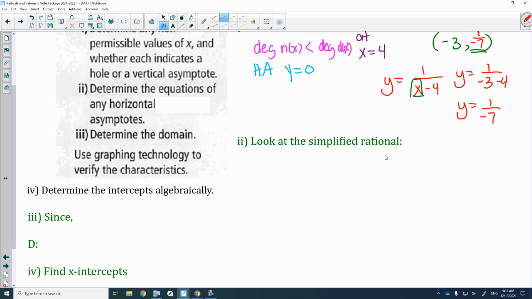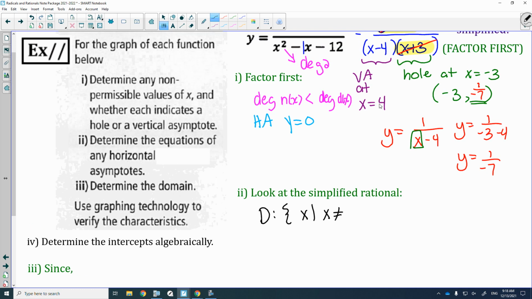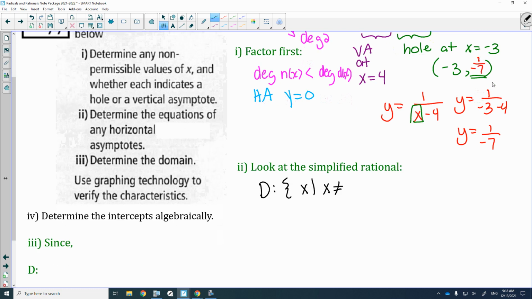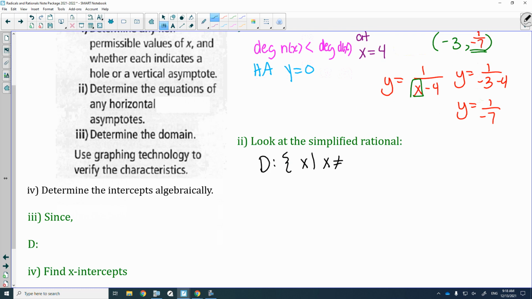Okay. Now from there, we could do domain and range. You have to have done it in proper set builder notation. You won't get the mark if it's not in proper set builder notation. So x is such that, tell me what x cannot be. So it can't be 4, and it can't be negative 3. But other than that, x belongs to the element of the real numbers.